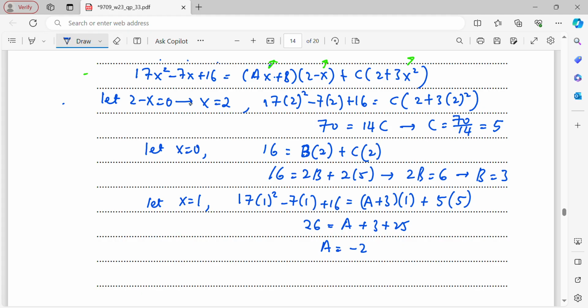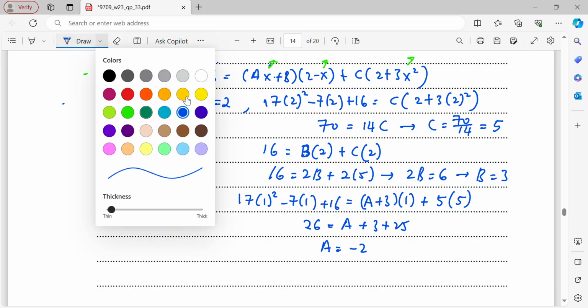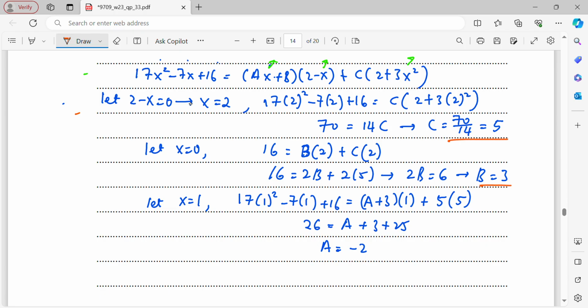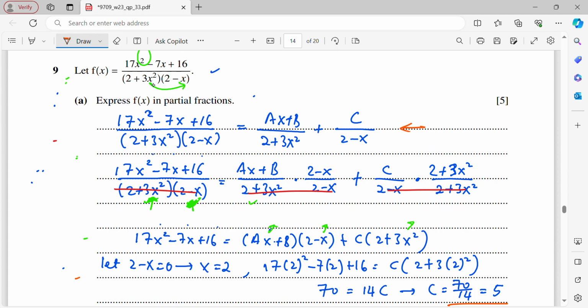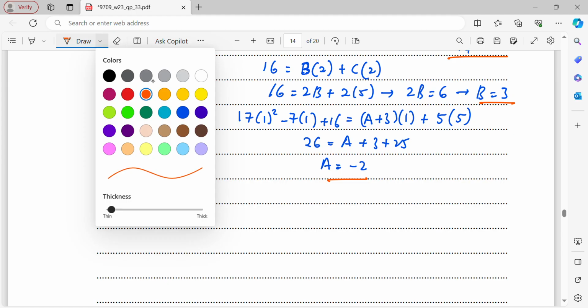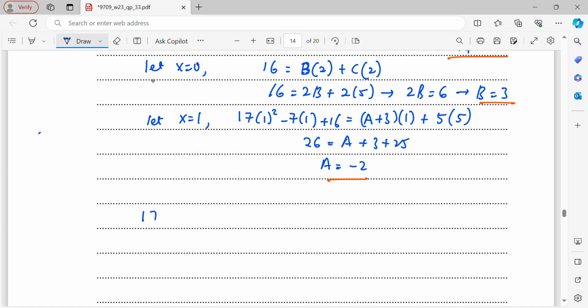Once you have found all three unknowns, I will substitute them back into my general form of the partial fractions. You can write 17x squared minus 7x plus 16 over (2 plus 3x squared)(2 minus x) equals, with a being minus 2, minus 2x over 2 plus 3x squared.